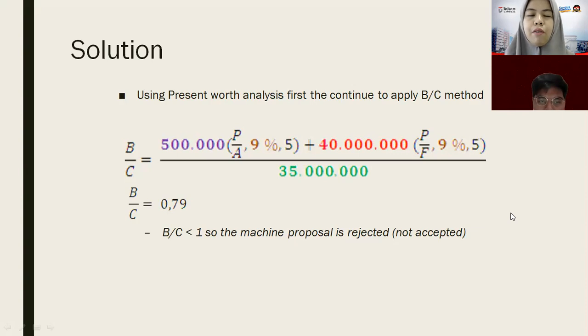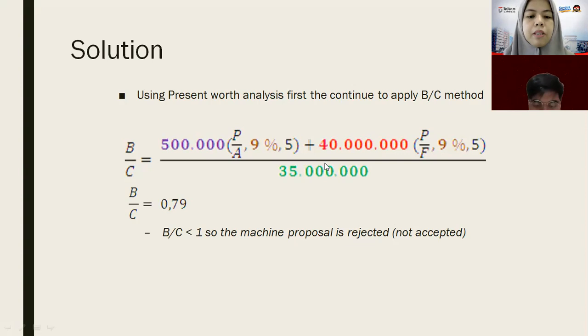So you know that the initial investment will be located at 0, and the future one maybe P/F, and for the annuity it will be P/A or something like that. Why do I put 35 in the upper part? Because it's the initial cost, and it doesn't change at all, right?